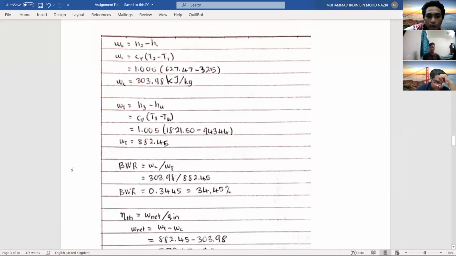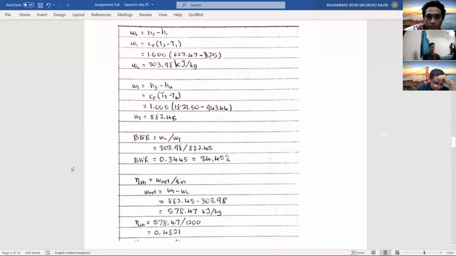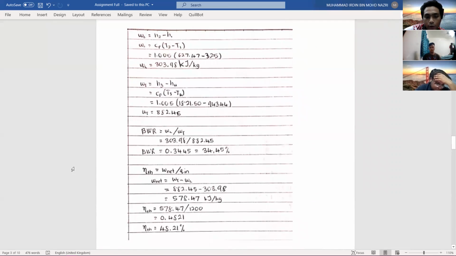Next, after we find all the temperatures and pressures at points 1, 2, 3, 4, we will find the work of the compressor and the work of the turbine. Work compressor is H2 minus H1. Using the equation for the cold air standard assumption, work compressor equals 303.98 kilojoule per kilogram.